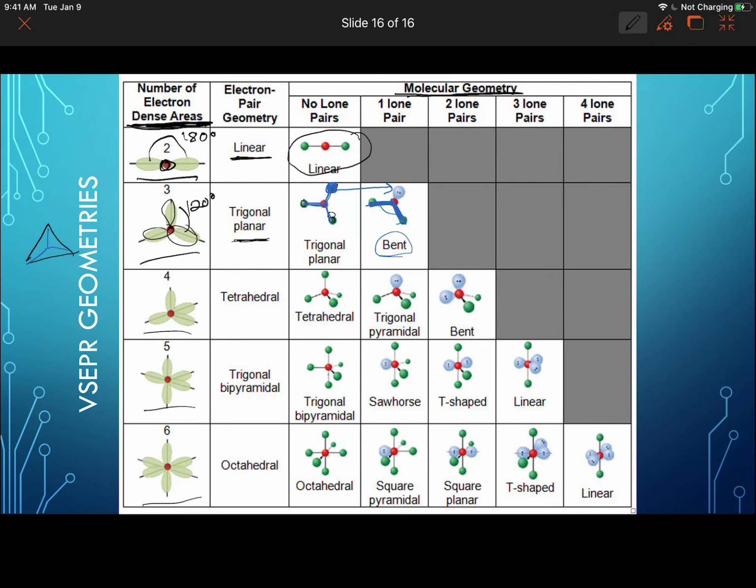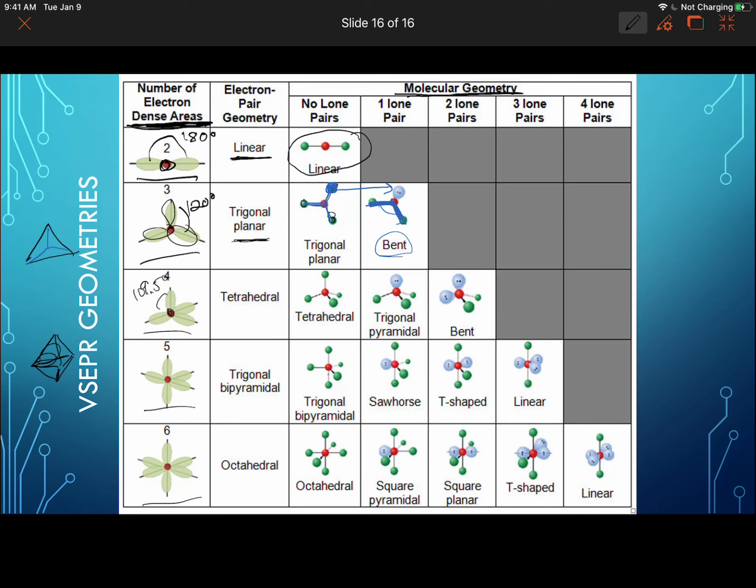Okay, next, 4 groups around a central point. If we have 4 groups around a central point, the farthest we can get those groups away from each other is 109.5 degrees. It looks like a tetrahedron. It's kind of hard to see because I'm not a very great artist, but it's a little tetrahedron, so it has 4 sides.